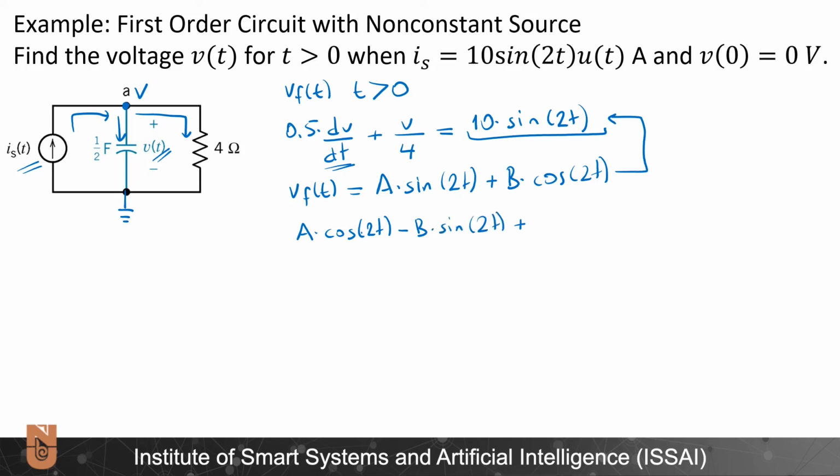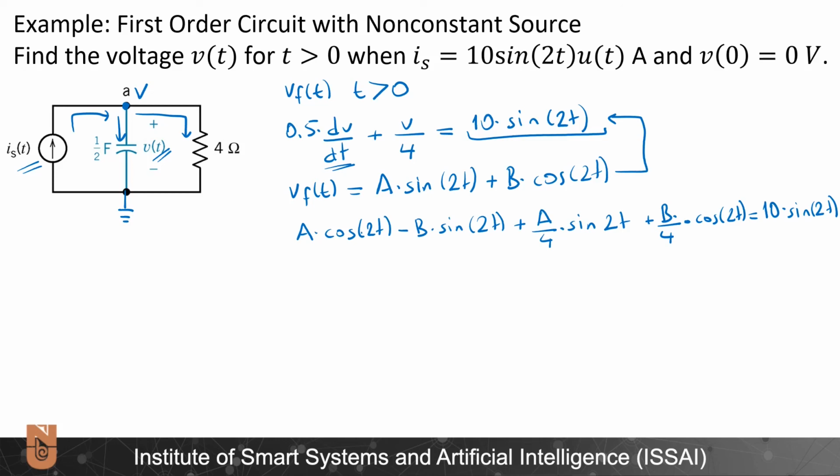Then V over 4, A over 4 times sine 2t plus B over 4 times cosine 2t, will be equal to 10 times sine 2t.